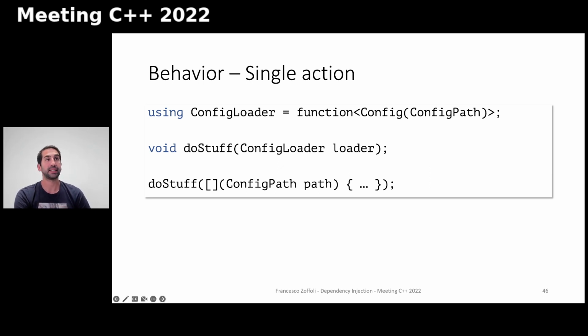We define our configuration loader as a function which returns the config and takes the config path, and then we just pass the function to our component. When we call the component, we can just pass a lambda which takes the path and does the load, or we could pass the address of a function that we set up somewhere.